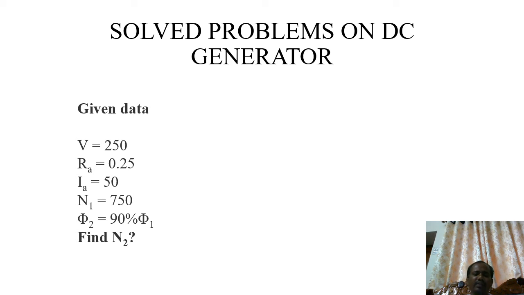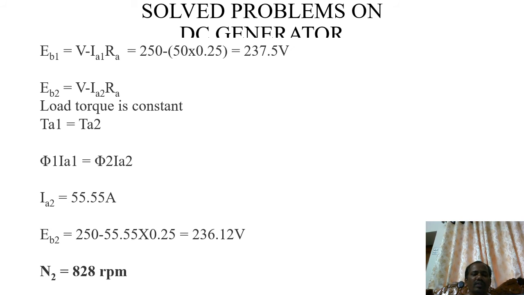Ra is given, so all these values are substituted in this equation. EB1, the induced EMF in the motor, is V minus IA1 RA. V is 250 volts, IA1 is 50 into 0.25, so EB1 is 237.5 volts. EB2 is V minus IA2 RA. Load torque is constant, so TA1 is equal to TA2.